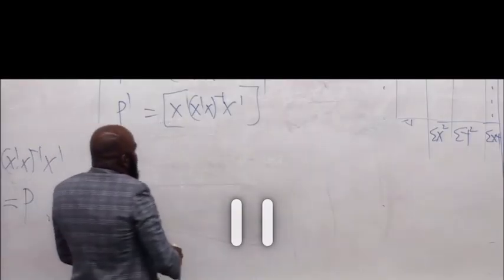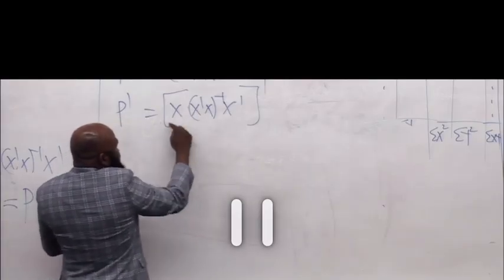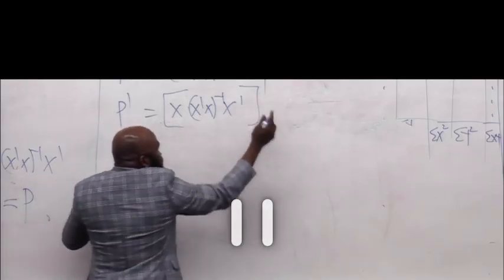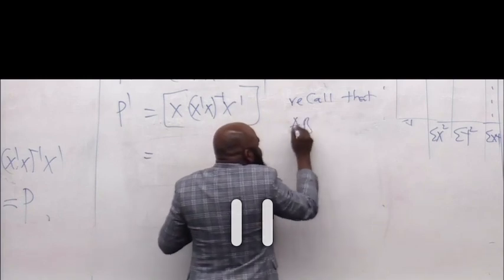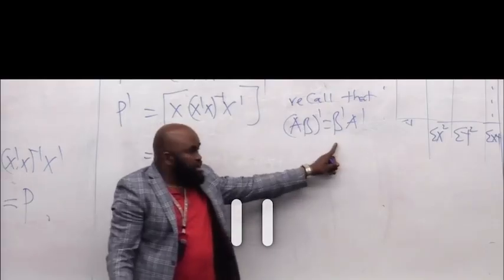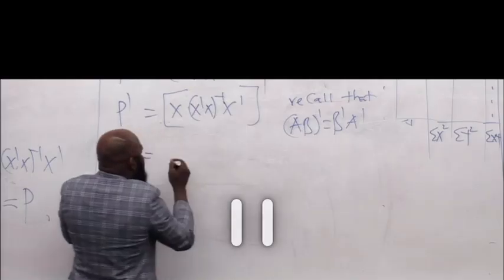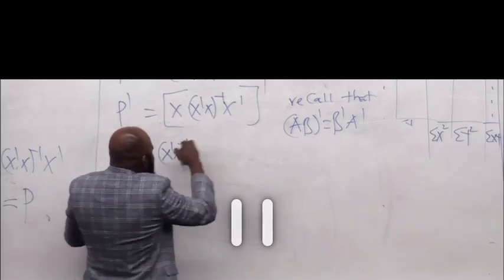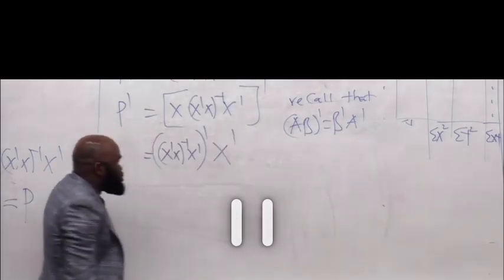Now if I want to find the transpose, maybe I divide the whole thing into this and this. Recall from mathematics that the transpose of AB is B transpose A transpose. Here I want to take A to be this guy, B to be this guy, then I'm going to write this transpose, X transpose.